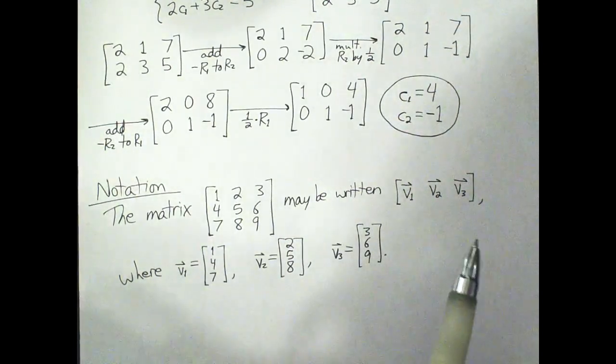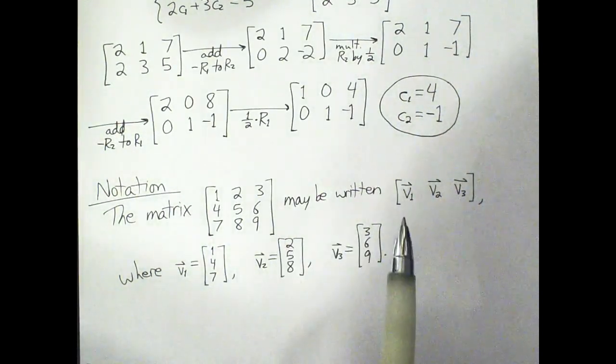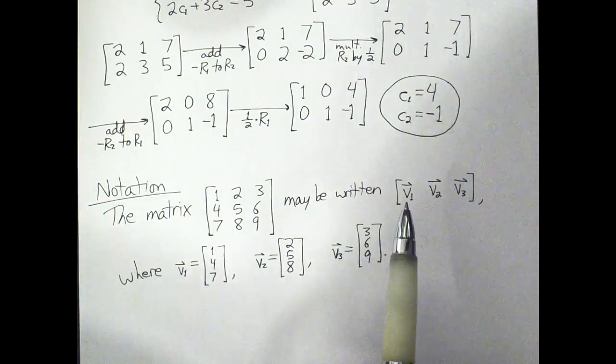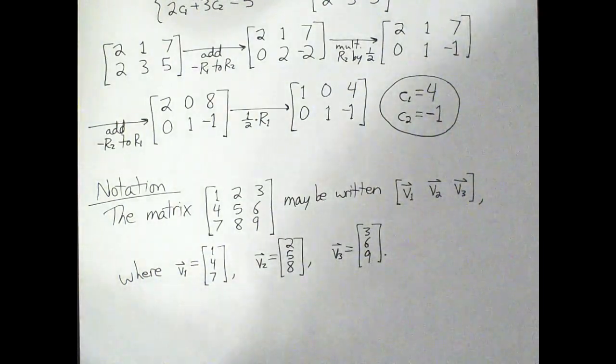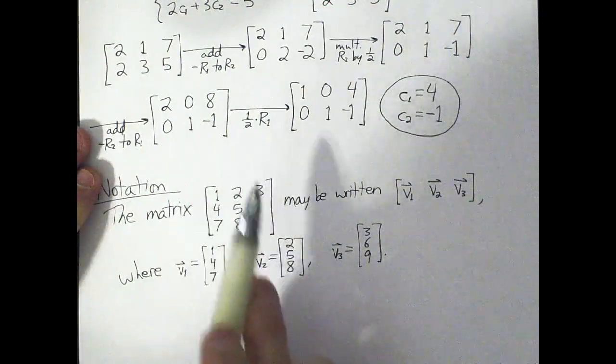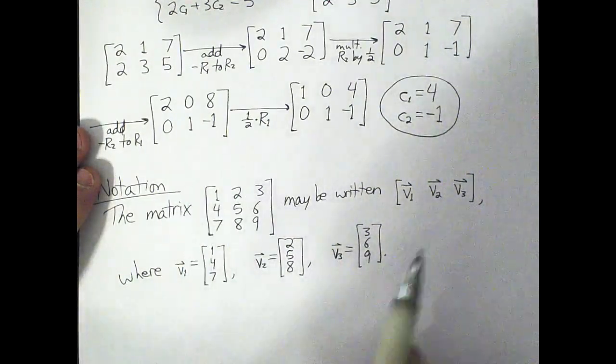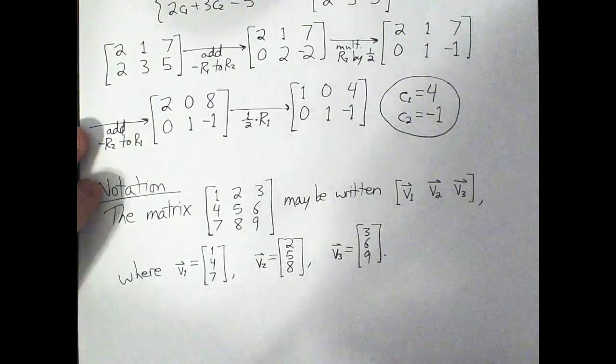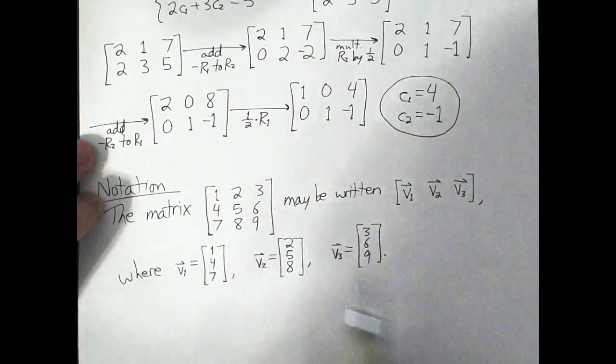If we do that, we're writing the matrix just as a collection of 3 columns. Sometimes that could be useful to think of that way. Instead of writing it as a grid of 9 numbers, we think of it more as a collection of 3 columns, and this is what those columns happen to be.